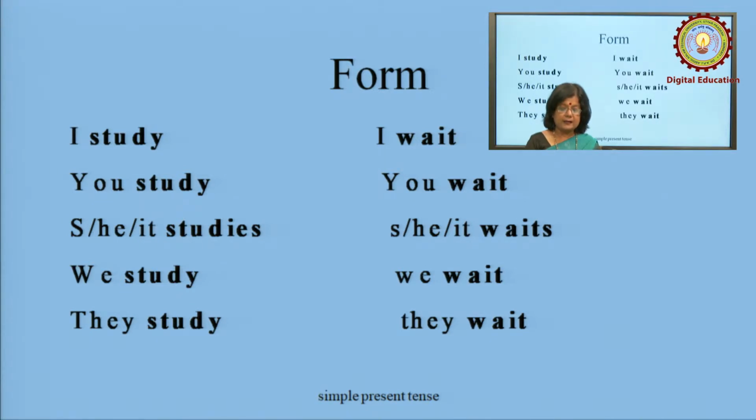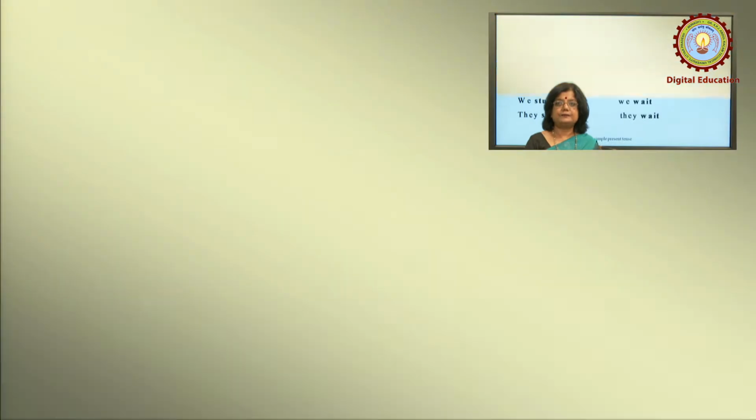We study, whenever there is plural it will be simple study, and again they study will be in the simple form. The second list of sentences we can check. I wait, singular first person, you wait, second person singular, she waits. As soon as it comes to third person singular, s or es is added. We know she waits, we wait, and they wait.